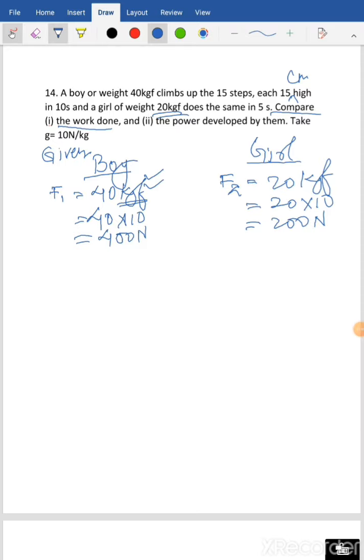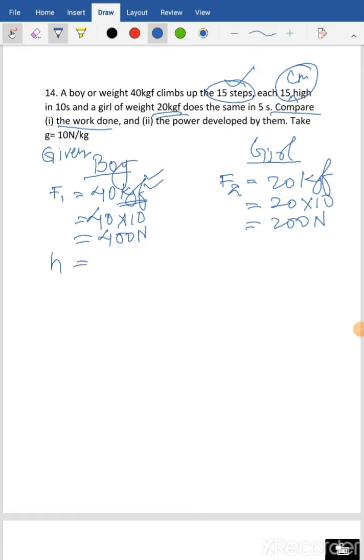Now the height. Each of them is climbing 15 steps; the boy is covering 15 steps, each step measures 15 centimeter, and the girl is also climbing the same 15 steps. So they are actually climbing the same height. I'll just denote the height with h, not h1 and h2, because they are climbing the same height.